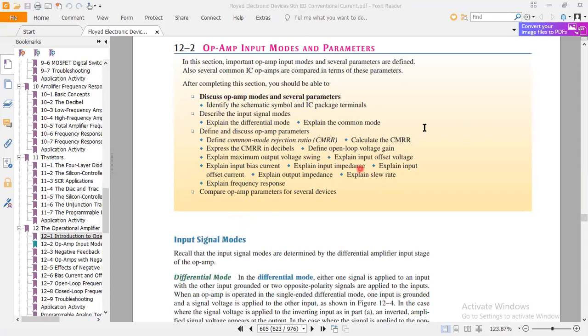So, the input signal modes that we have to discuss now: recall that the input signal modes are determined by the differential amplifier input stage of the op-amp.